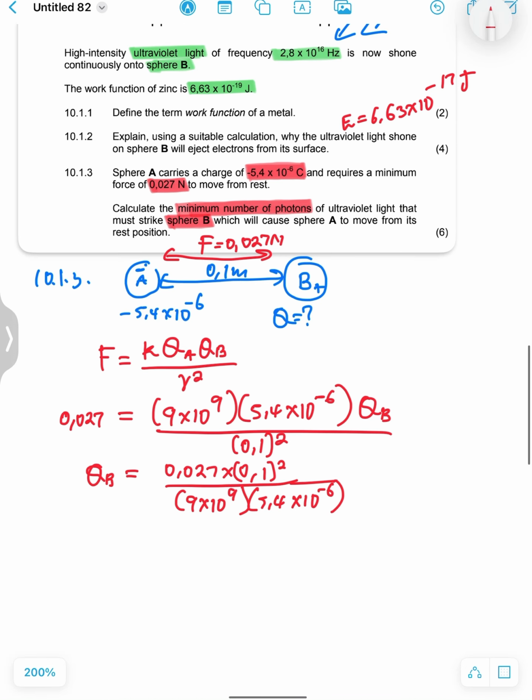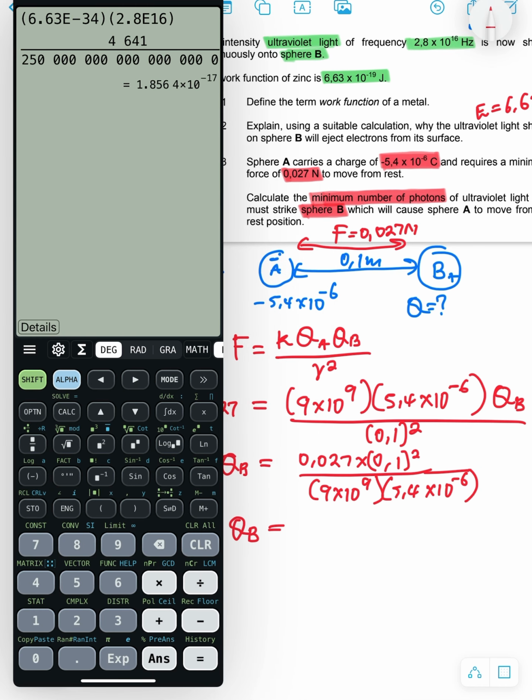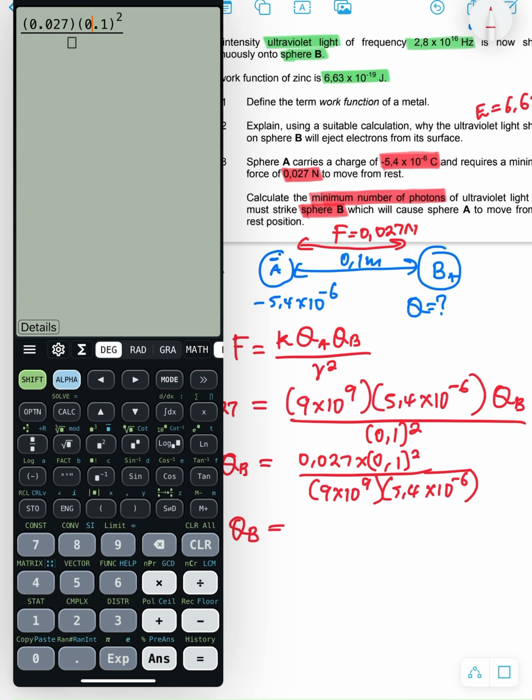We just rearrange the formula to make charge B the subject of the formula, and then put that in your calculator.